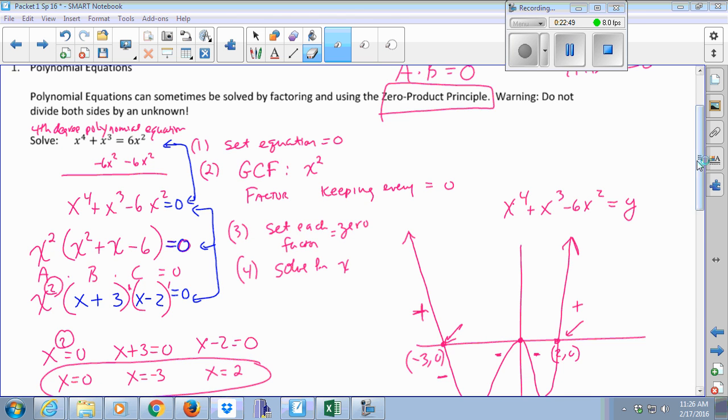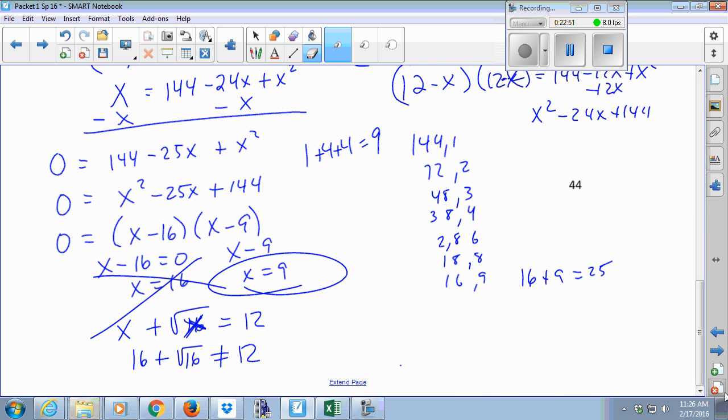Okay, let's do that. All right, so now I'm going to check my 9. x plus the square root of x is supposed to equal 12, so I throw 9 in where I see x. 9 plus 3 equals 12. 12 equals 12. You're a happy camper. Okay, that's your solution. Okay? Any other questions? All right.